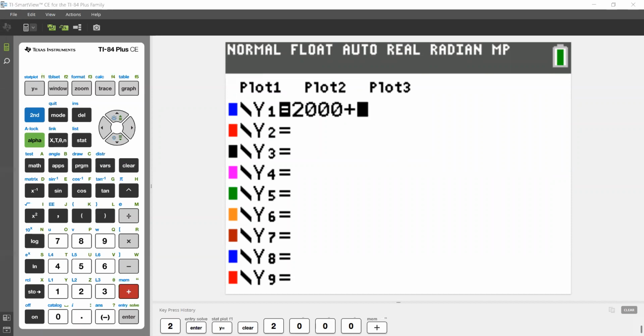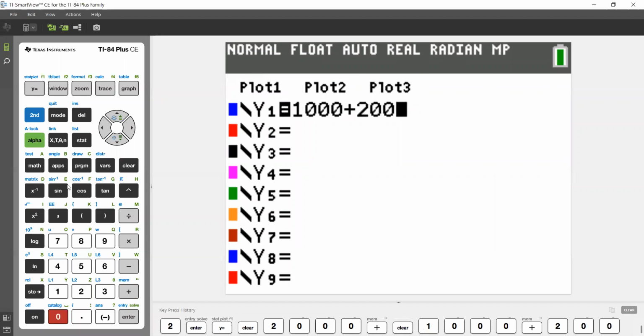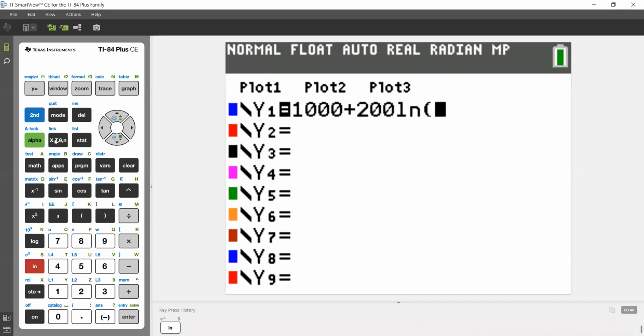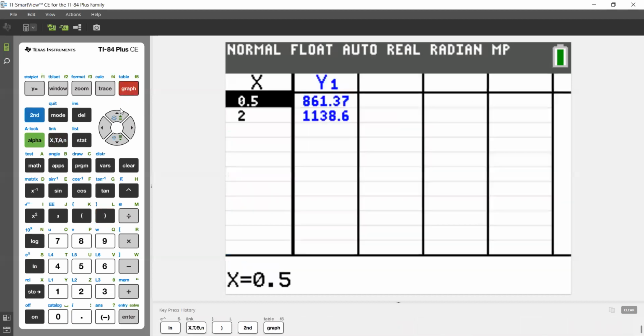No, 1000 plus 200 ln of x. All right, so I'm going to just go to my table for a minute.